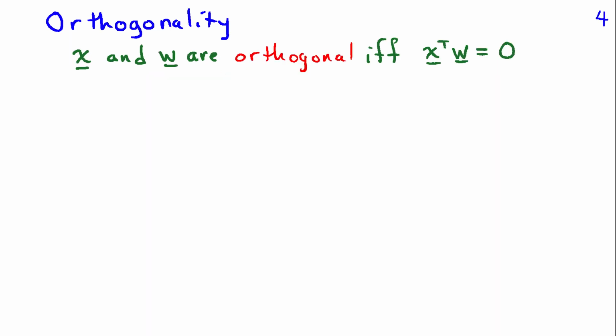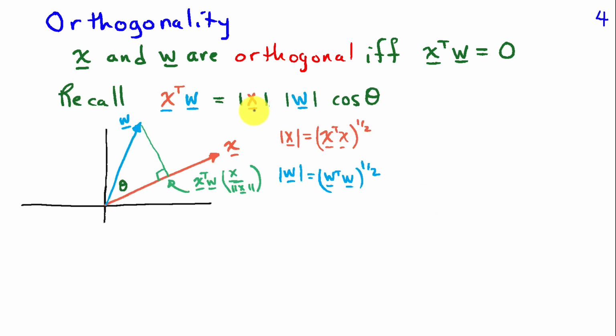Now, this is a very important concept that applies to pairs of vectors. We say that a vector x and a vector w are orthogonal if and only if their inner product is 0. Now, you may recall from the dot product or the inner product definition, having seen this before, that the inner product of x transpose times w is equal to the magnitude of x times the magnitude of w times the cosine of the angle between the two vectors.